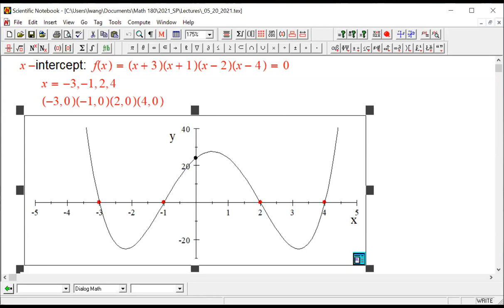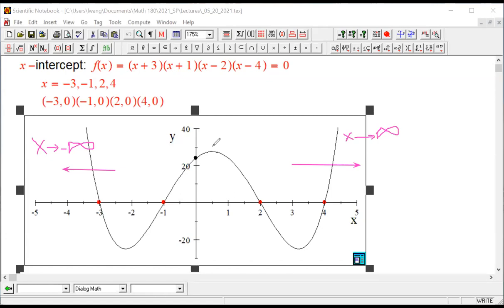This is the case when x approaches negative infinity, and these are the cases when x is approaching positive infinity.